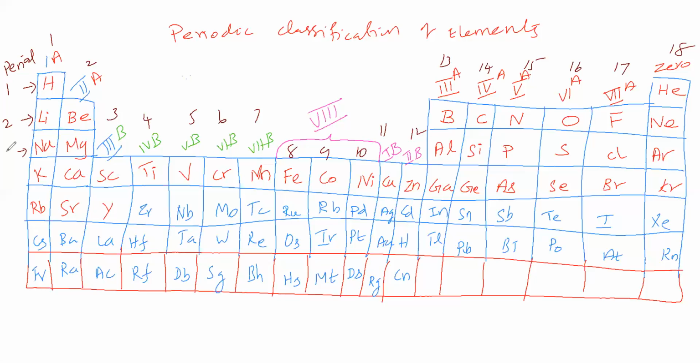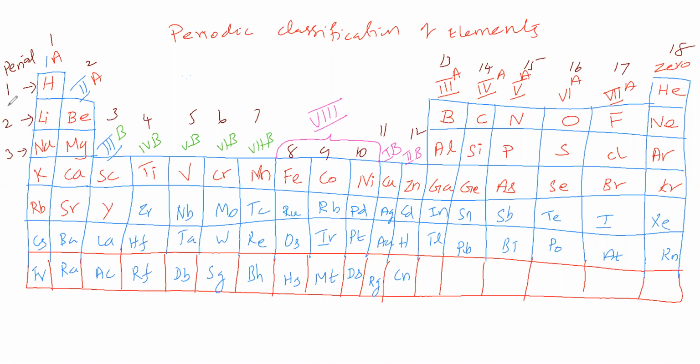It is the third period. The third period contains sodium, magnesium, aluminum, silicon, phosphorus, sulfur, chlorine. Next, argon. This is the third period. Next, we will go to the fourth period.